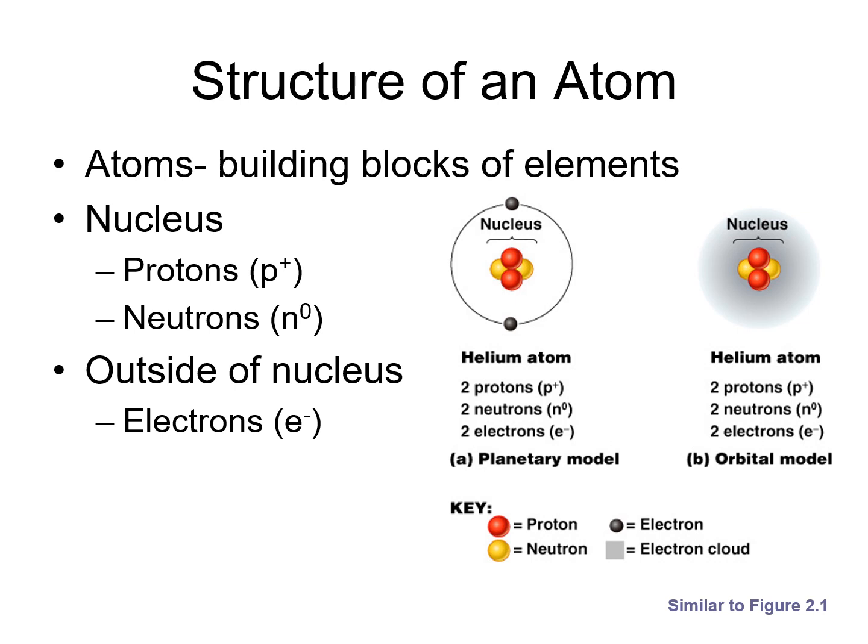Outside of the nucleus, we have another subatomic particle called an electron. And the electrons are negatively charged, meaning that they are attracted to positively charged particles. So these electrons here are attracted to these protons in the nucleus. And again, because electrons are negatively charged, we represent them with an E superscript negative.